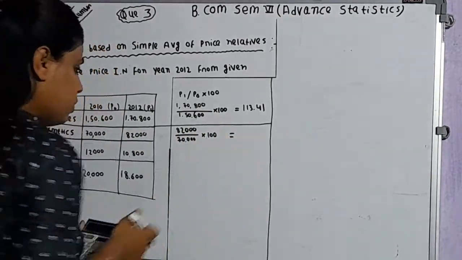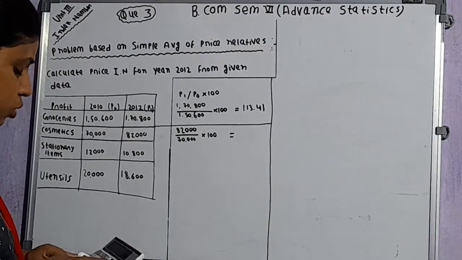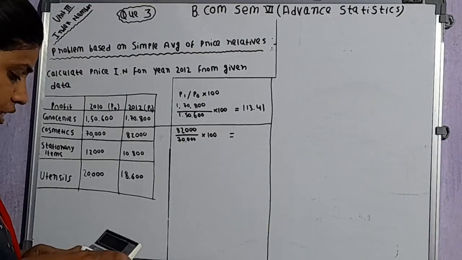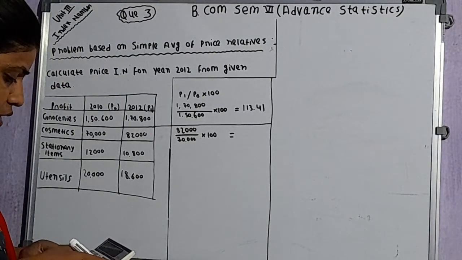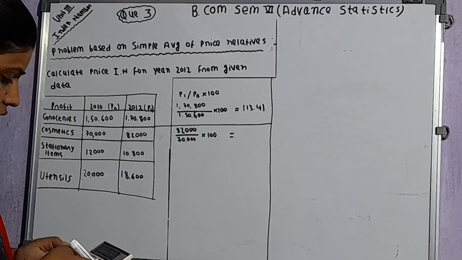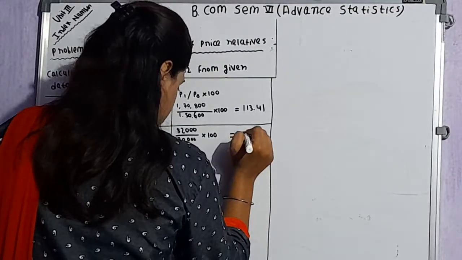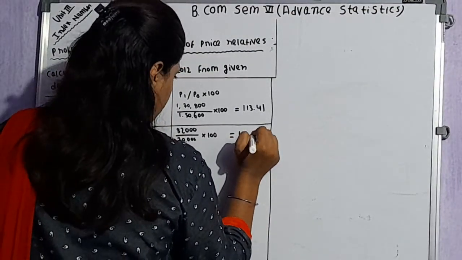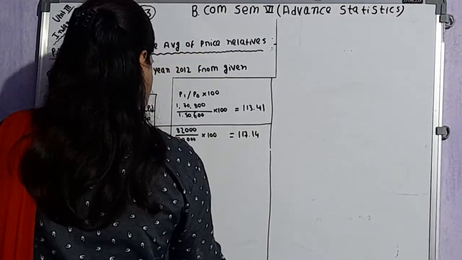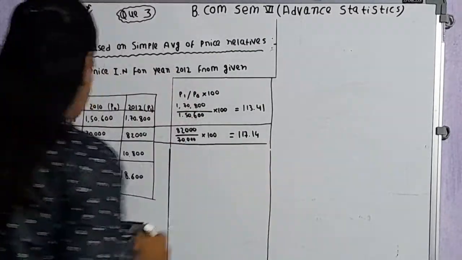So 82,000 upon 70,000 into 100 comes to 117.14. The price relative for cosmetics is 117.14.